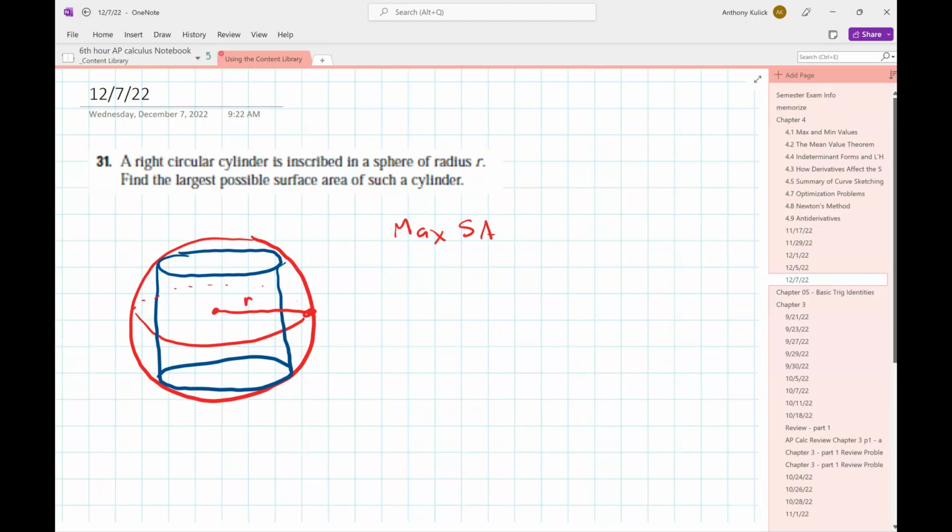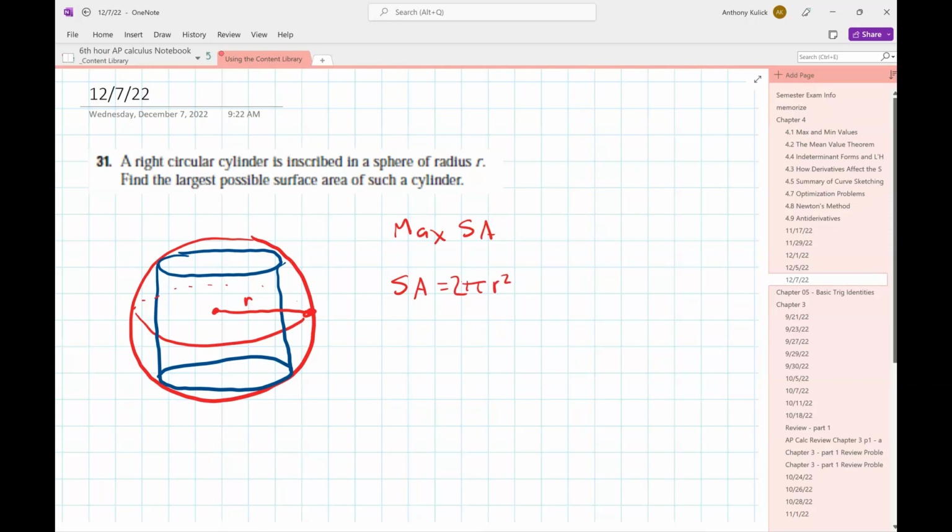Okay. Everybody happy with the picture that we've drawn? Okay. So I'm going to start by just writing down the surface area formula for a cylinder.